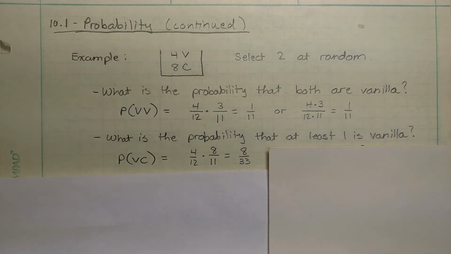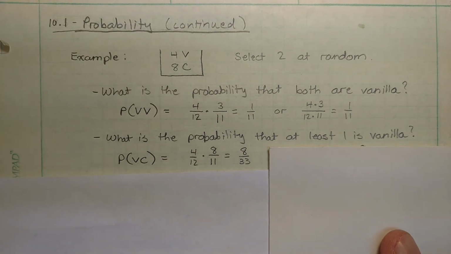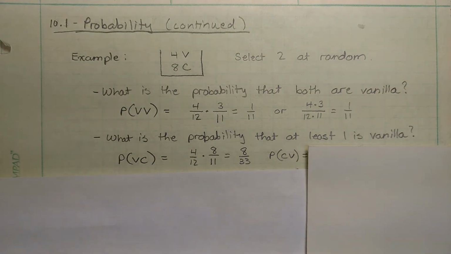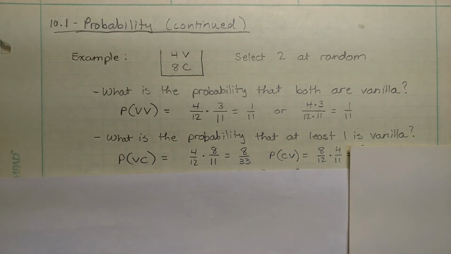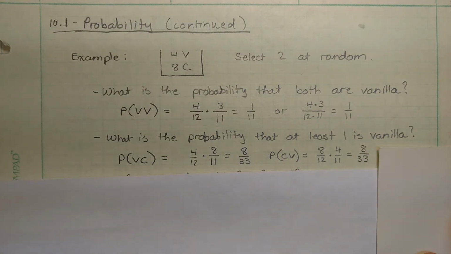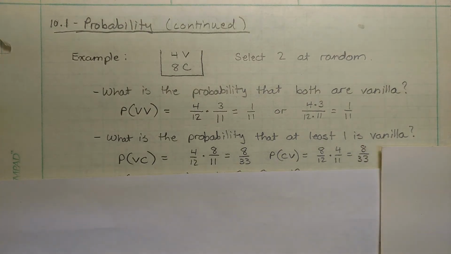The other way that I could get at least 1 vanilla would be to draw a chocolate and then a vanilla. So that's chocolate and vanilla right there. I've got the same basic process. It's 8 out of 12, and then it would be 4 vanillas out of 11 that I'm left to pick. When I do that, I get 8 out of 33.